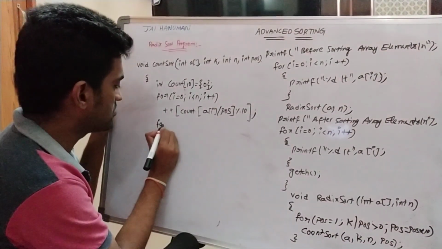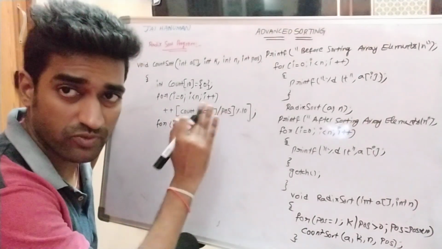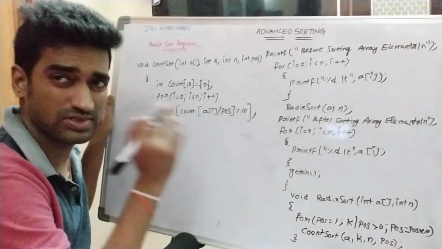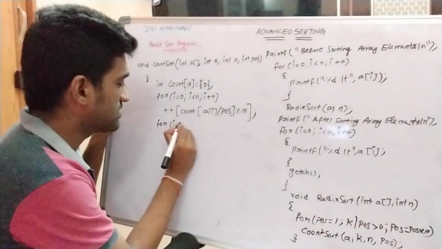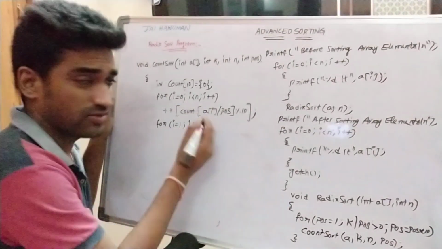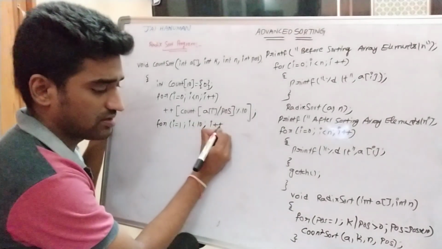So after completion of this loop, again we update the count array from 1 to k position, 1 to n positions. So i is equal to 1, i less than 10, so we are updating 10 positions, i plus plus.